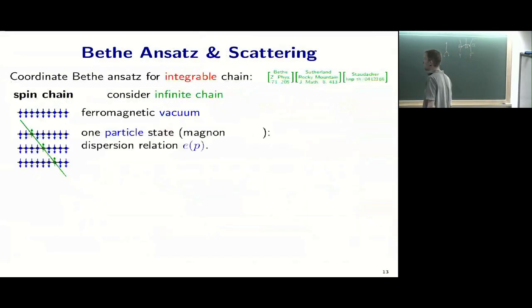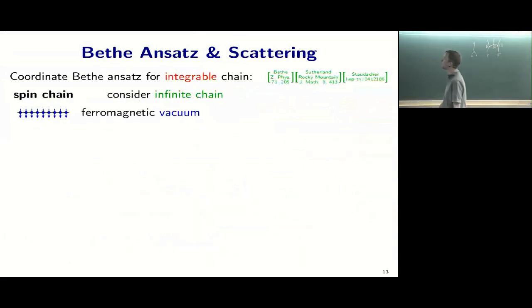But anyway, let me go to 1930 or something and tell you how to obtain the spectrum of an integrable spin chain. And this is the famous Bethe Ansatz. You would start with an infinite chain, because that makes things easy. You want to be restricted to periodicity issues at first.